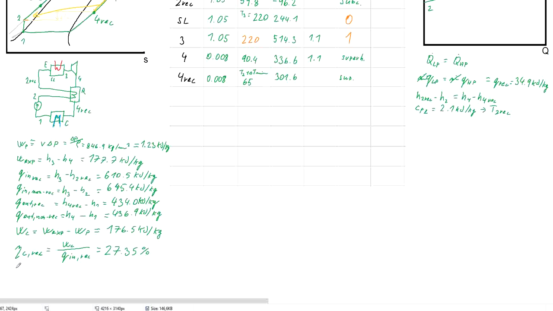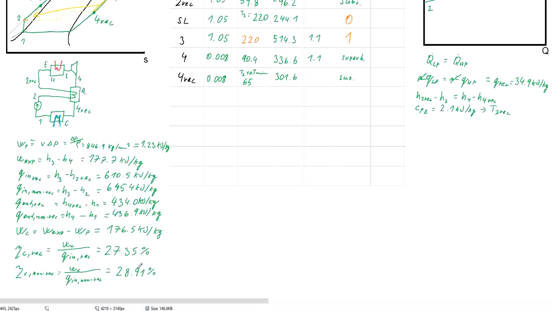While the efficiency for the non-recuperated cycle would be work of the cycle divided by the heat input in the non-recuperated case, and it will be 28.91%.